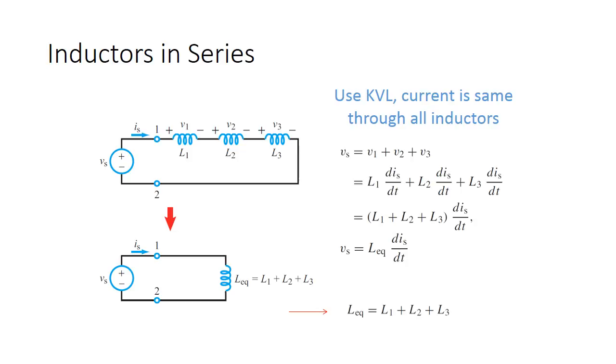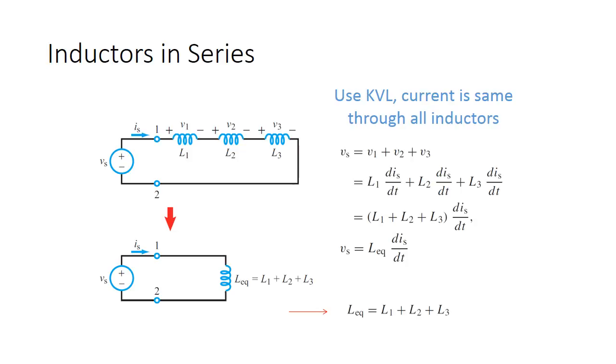I add them together, and my inductance is going to be the sum of those individual inductors. And that's a nice, easy way of doing it, in terms at least that match resistors. So if we use KVL, again, we have the same current going through all of those individual inductors.